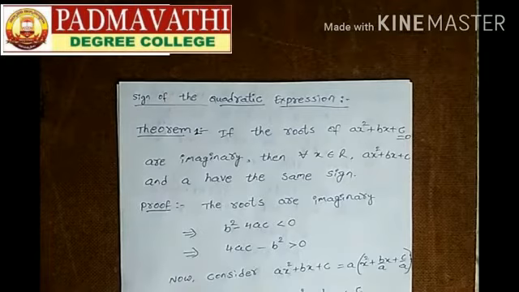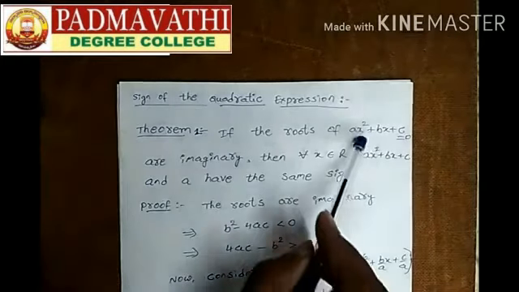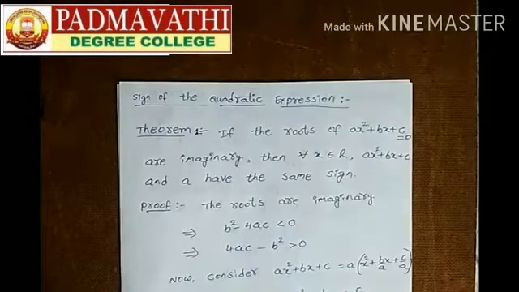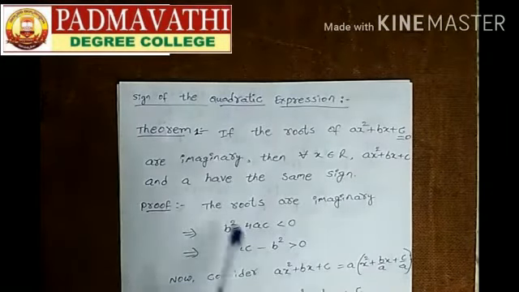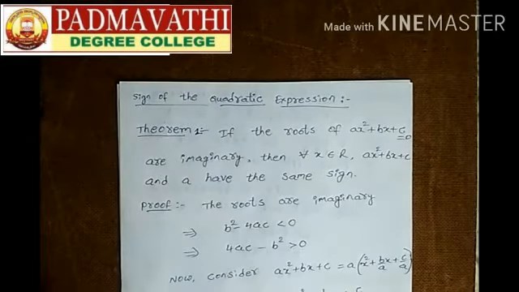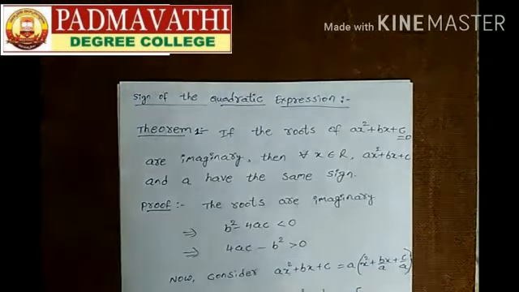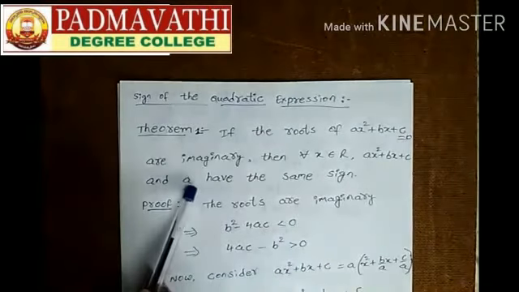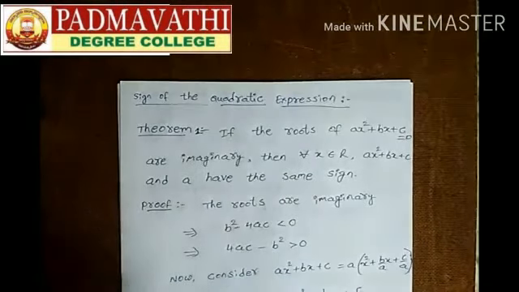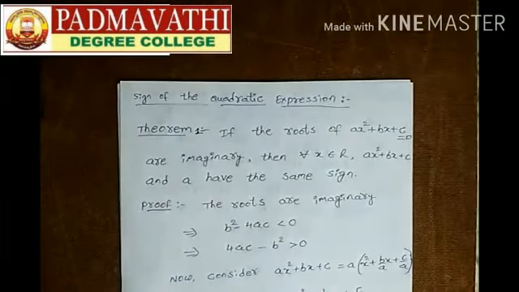Here, by using the discriminant we are going to find the nature of the roots of ax square plus bx plus c equal to 0. If the nature of the roots is imaginary, meaning conjugate complex numbers, then ax square plus bx plus c and the coefficient of x square, that is a, these two have the same sign. So this is the first theorem.